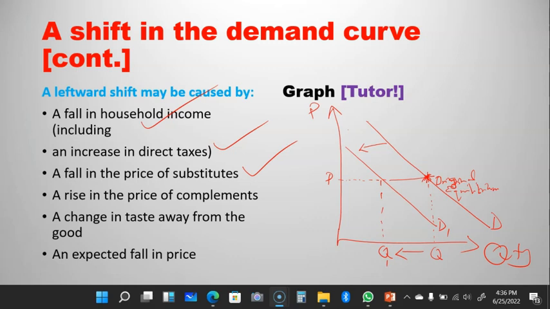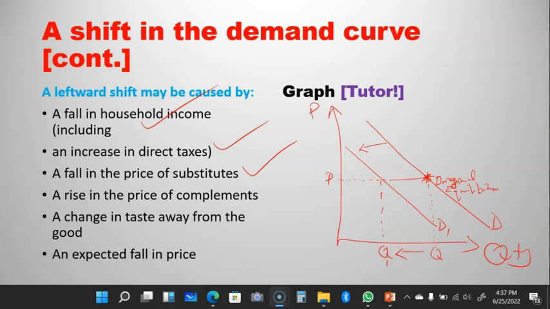And we talked of tea and coffee. So if the price of coffee has fallen, relative to it the price of tea has gone up, and automatically the customer would race for coffee and refuse to buy tea.